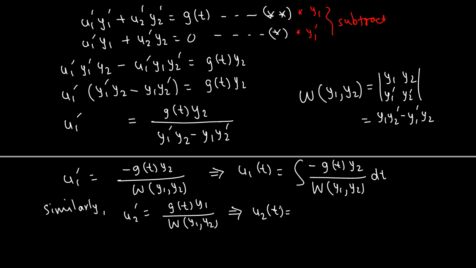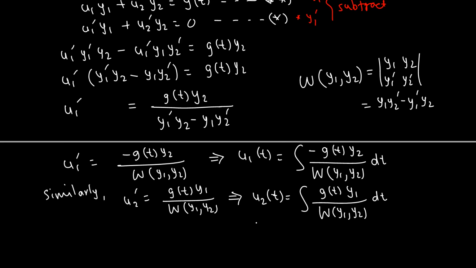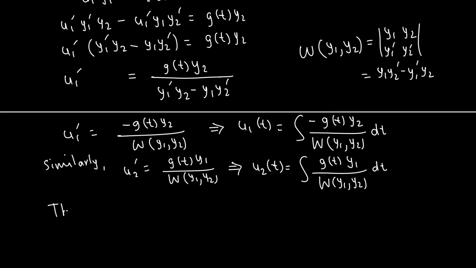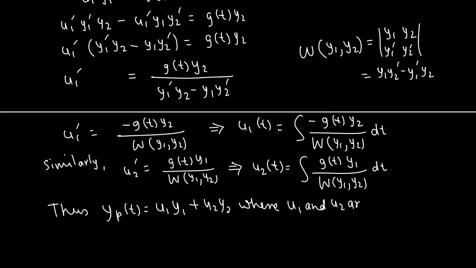If we integrate both sides we get u2, obviously as a function of t, equals the integral of g(t), that's the non-homogeneous term, times the first solution y1 over the Wronskian of y1 y2 dt. So we have u1 and u2, and if we go back then we find that y_p(t) is u1 y1 plus u2 y2, where u1 and u2 are found above.